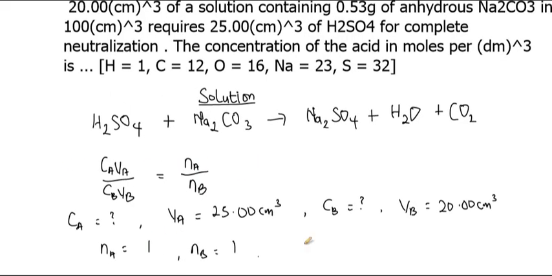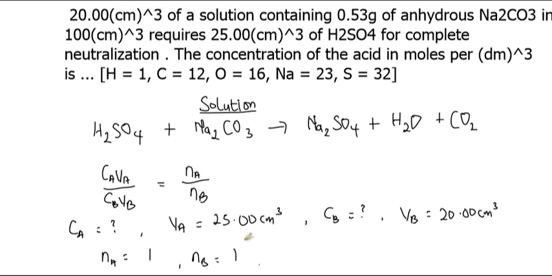Coming back to where we started earlier, our CA and CB were both unknown, but from the calculations we did, we've gotten CB, the concentration of the base, while CA is left unknown, and that is what the question asks. The concentration of the acid in moles per dm³ is dash. That's what we'll be looking for.